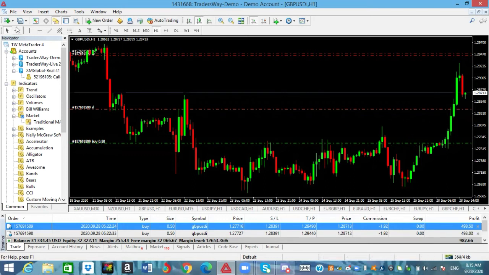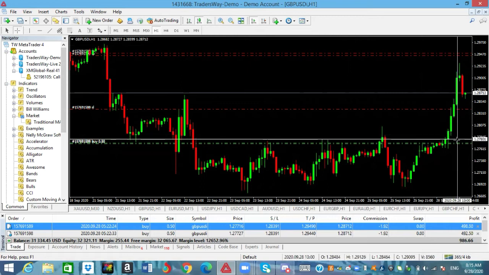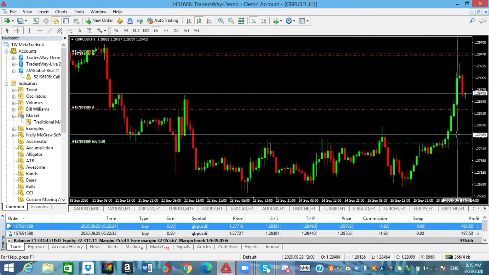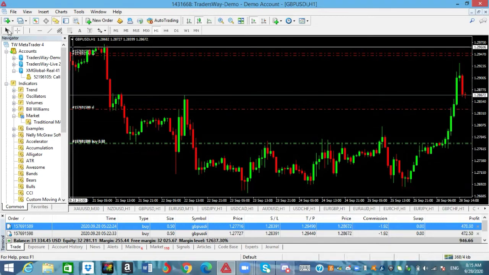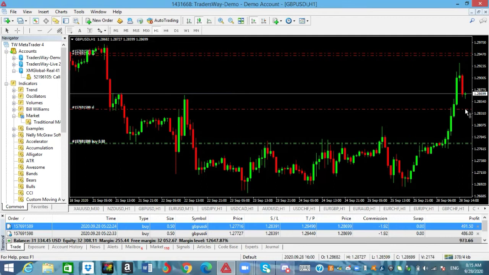So for this, I'm not sure how many pips this is, because basically, hold on, let me check. I still don't understand how to measure from here to here.